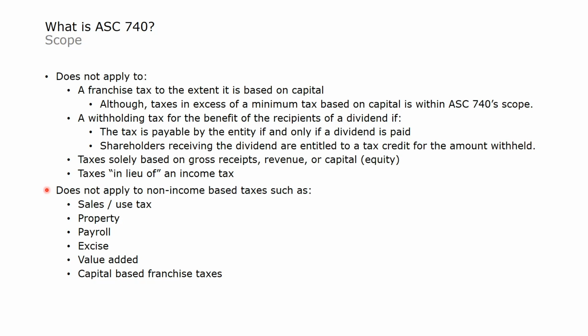So again, if we're trying to move a tax either up into pre-tax book income because it shouldn't be under the scope of ASC 740, or if we're trying to move a tax down, we always kind of want to be thinking about these things because clients are thinking about them, and it does matter if a tax is subject to ASC 740 or not to get the classification correct.